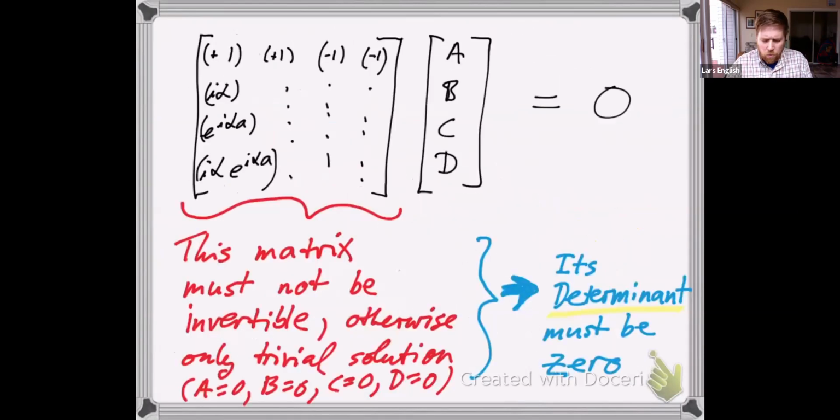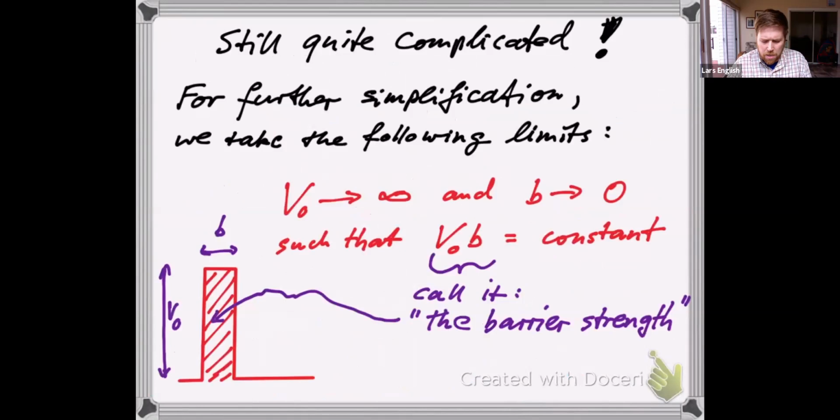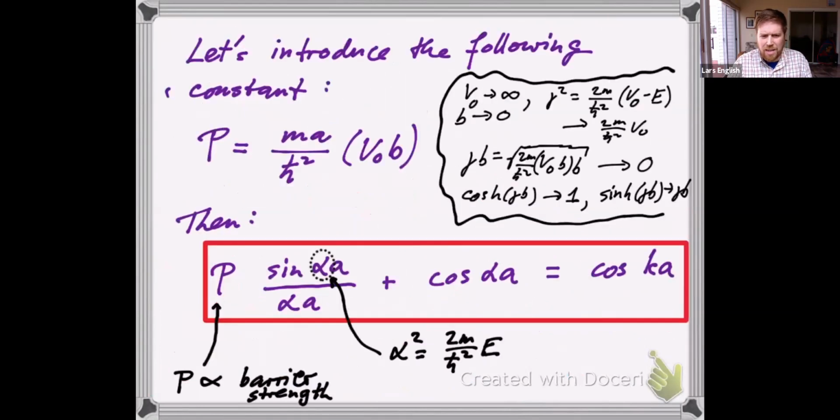When all is said and done, what we end up with is this governing equation, P being the barrier strength, alpha related to the energy of the solution, alpha squared being 2m over h bar squared times E, and K being this arbitrary constant that comes out of the Bloch theorem, just some real number.